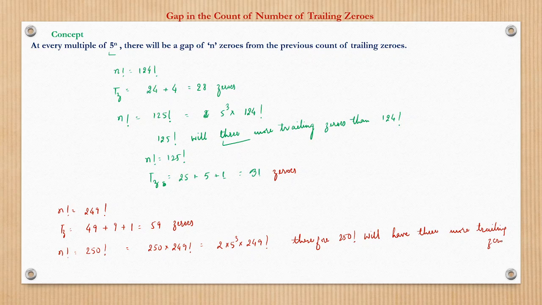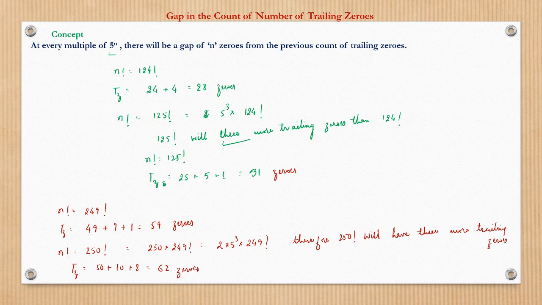Let us verify this. So tz we can calculate using IGP. So 250 by 5 is 50, 50 by 5 is 10, 10 by 5 is 2, so it becomes 62. So 59 to 62 is 3 zeros.